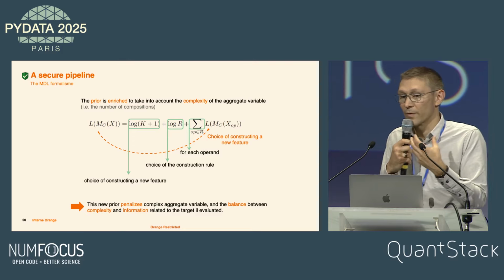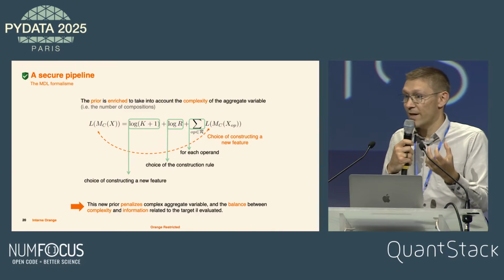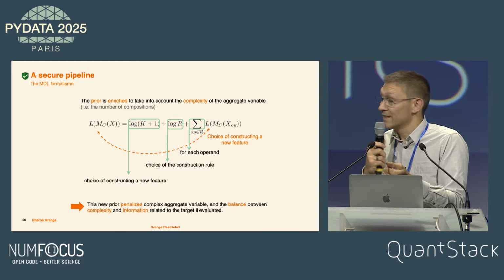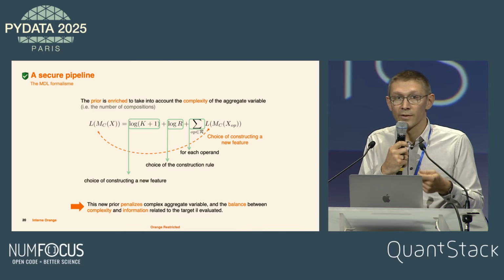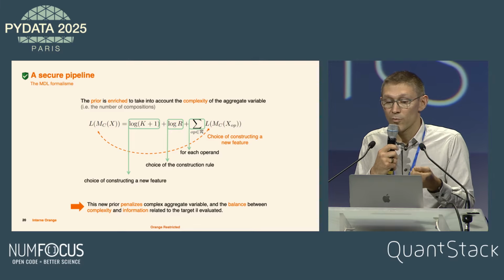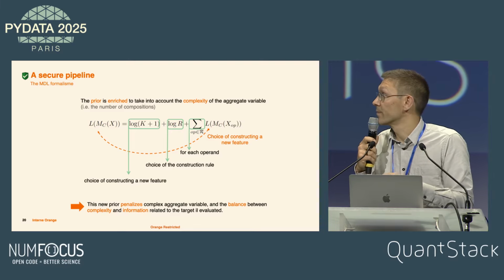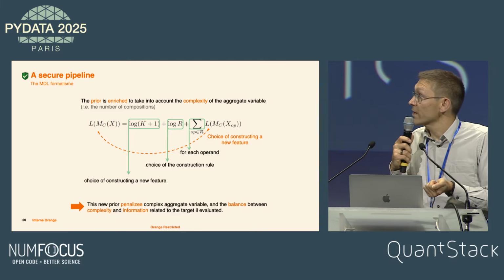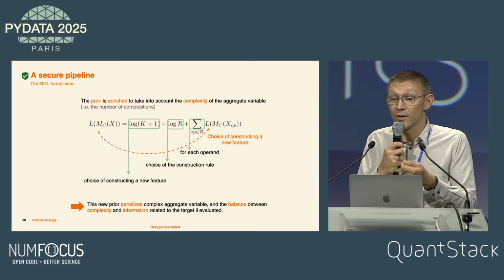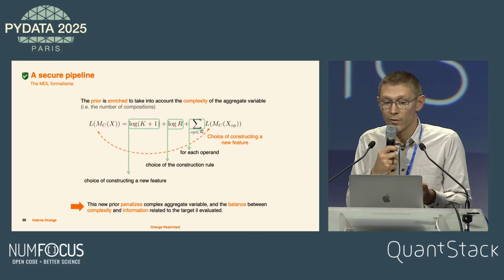So complex aggregates are penalized by this prior, but one can be selected only if it provides enough information about the target to be predicted. That's the reason why KEOPS is able to do auto-feature engineering without the risk of overfitting.